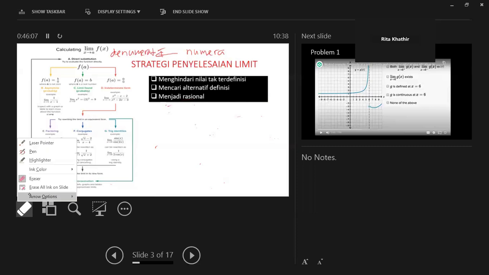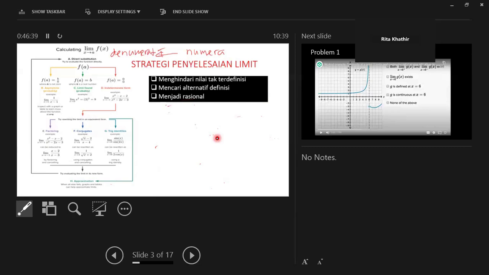Okay, so look, why are we thinking about how to solve limit problems? Of course, to avoid the undefined condition and to look for the alternative definition. Without definition, you are like living in an empty box.